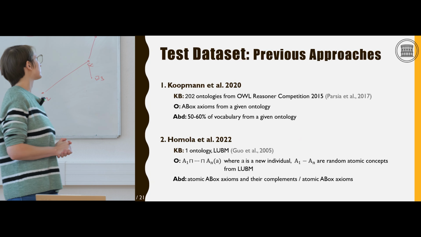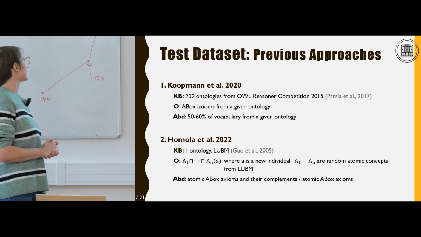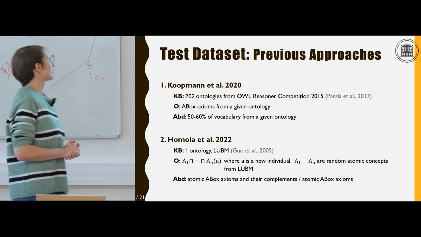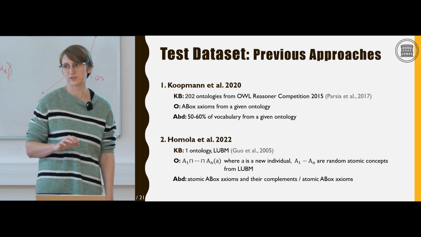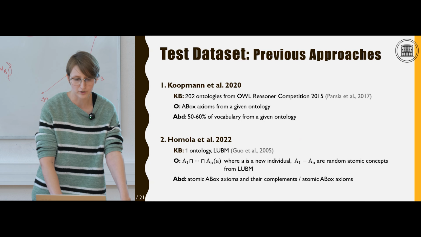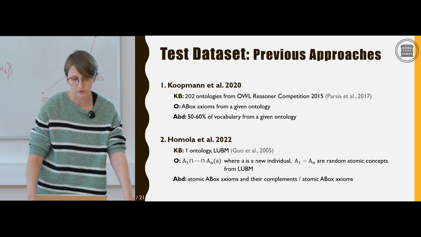And for abducibles, they were generated from 50 to 60% of the vocabulary from the given ontology.